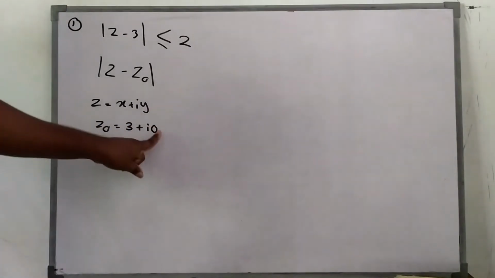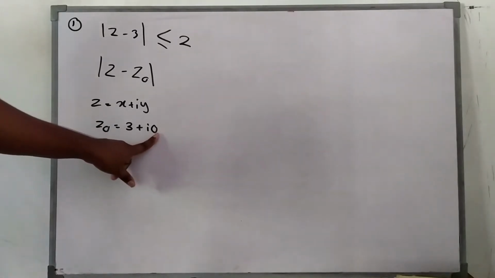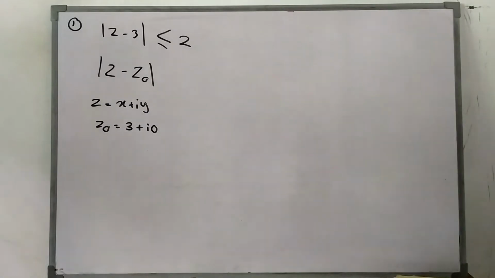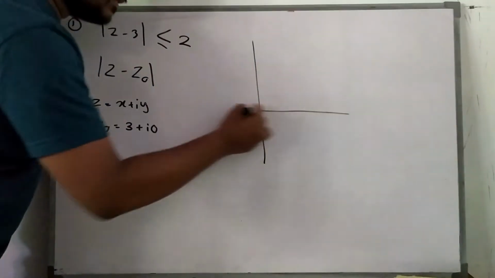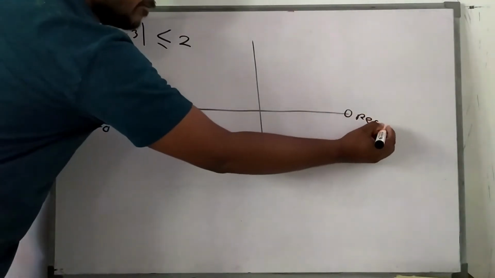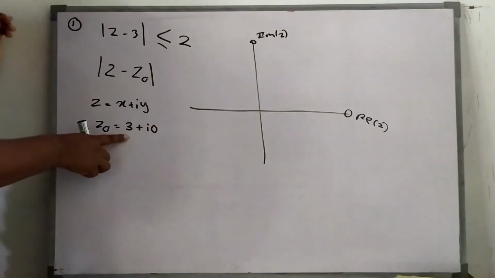So this is my center point, the origin complex number. So this is my variable, the straight line, right? It's varying with less than or equal to, right? This is my real axis, imaginary axis, right? So this is 3 now.